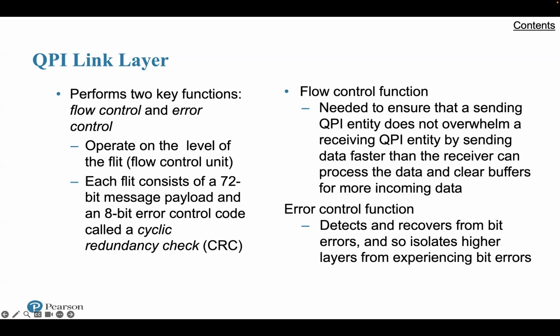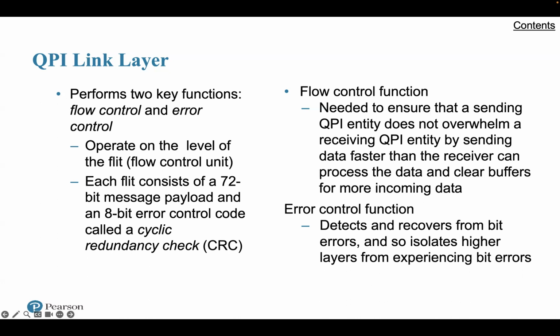The flow control function is needed to ensure that a sending QPI entity does not overwhelm a receiving QPI entity by sending data faster than the receiver can process the data and clear buffers for more incoming data. To control the flow of data, QPI makes use of a credit scheme.